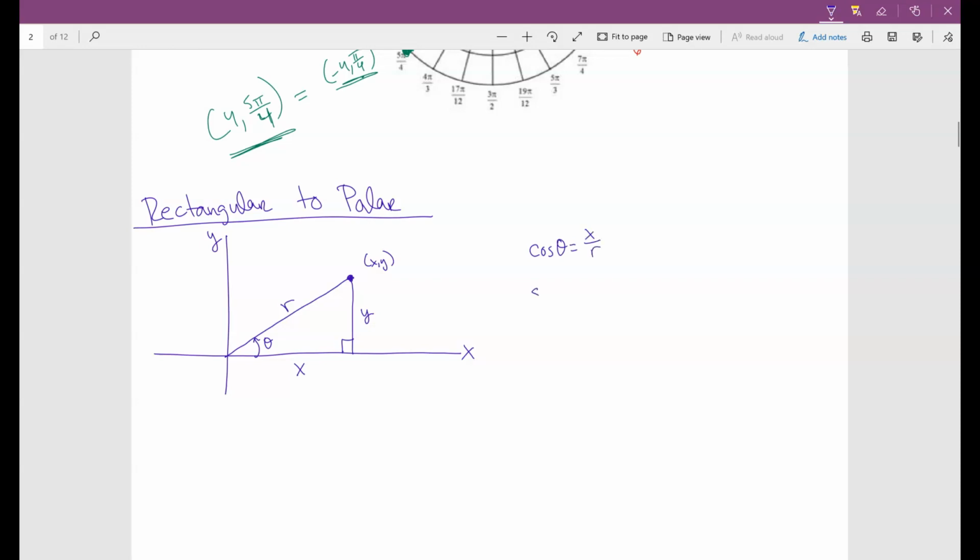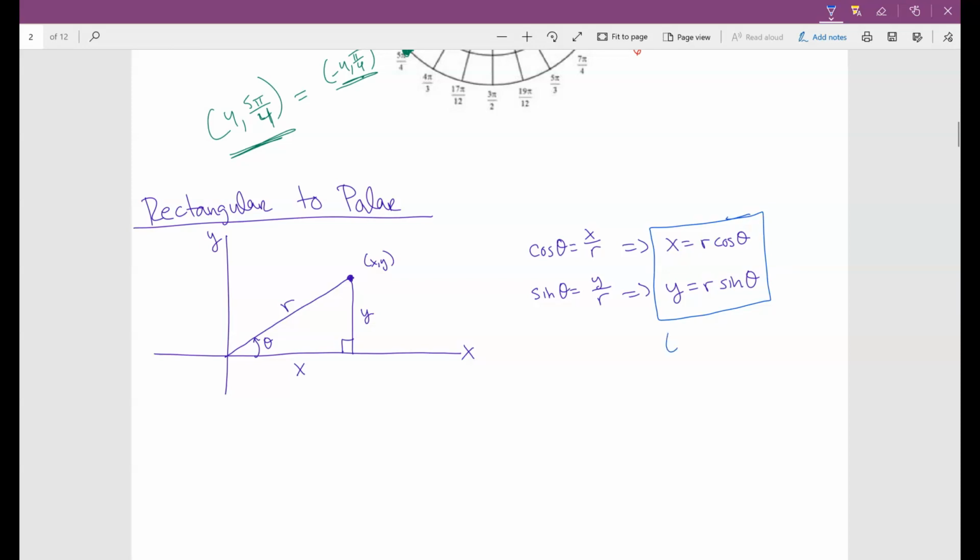And we're also going to see that the sine of theta is going to be equal to y over r. So I can solve for x: x is going to be equal to r cosine of theta. And then I can solve for y, and y is going to be equal to r sine of theta. So I can relate the x's and the y's with the r and the thetas using these equations. So these are basically the polar equations.